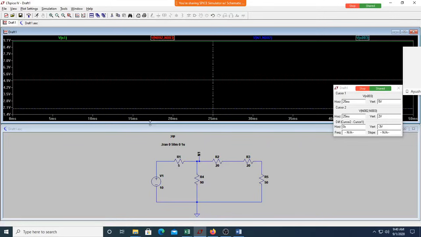Shall we verify the equation now, as V of N1 is equal to V of N002 comma N003, that is this one, plus V of N1 comma N002, plus V of N003. So does that become the KVL equation for this?